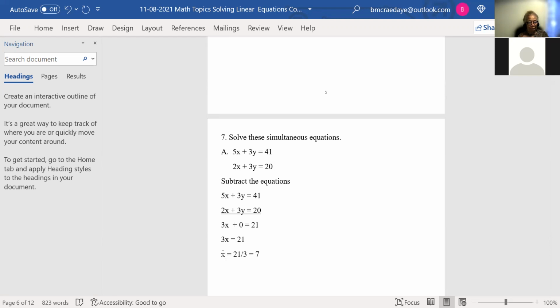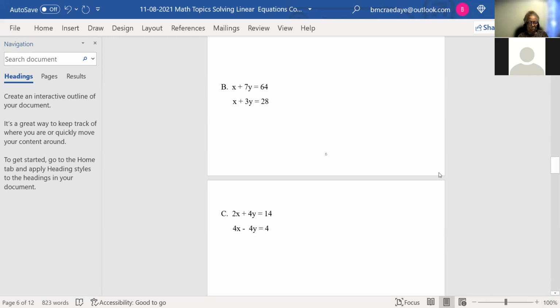Okay. Now you can take either one of the equations here, plug in the x and solve for y. So do that. Either equation, the 5x plus 3y equals 41 or the 2x plus 3y equals 20. Put in the x value of 7 and then solve for y. Tell me which equation you'll use.